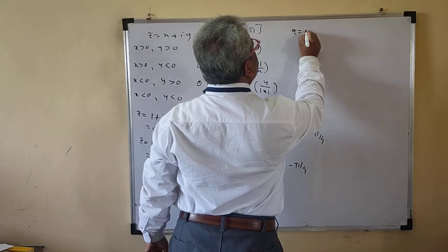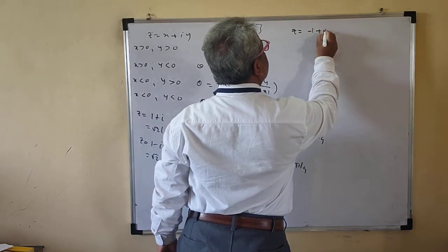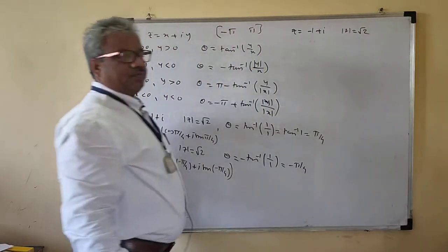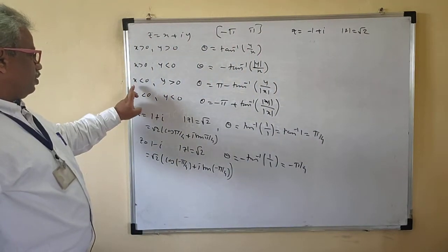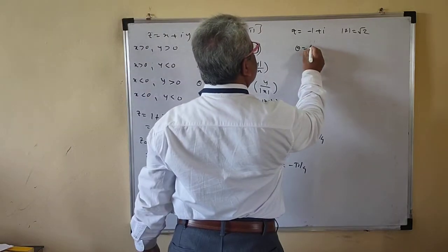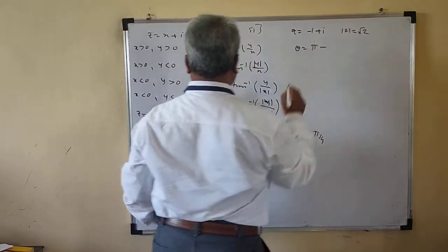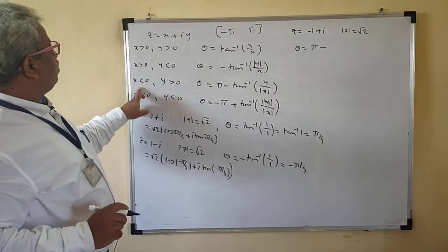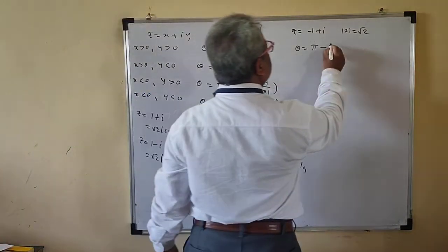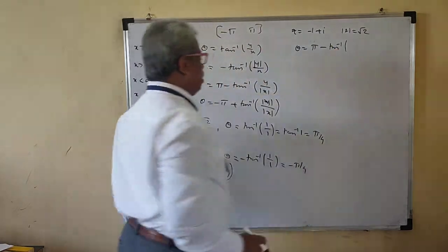Suppose your Z is equal to minus 1 plus i. Again your mod Z is root 2, no problem for this one. Now your X is negative, Y is positive. So theta is equal to pi minus tan inverse of imaginary part upon real part.